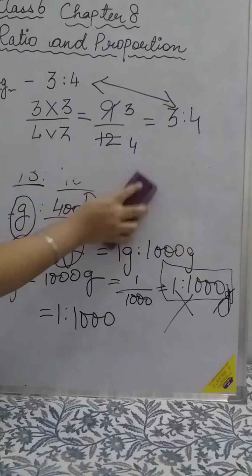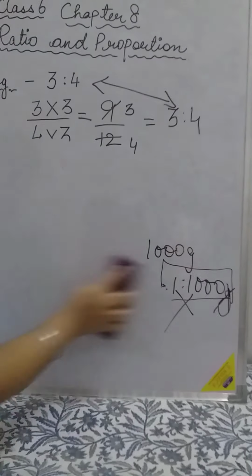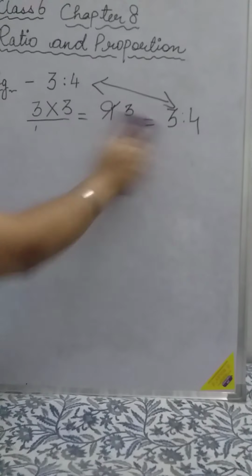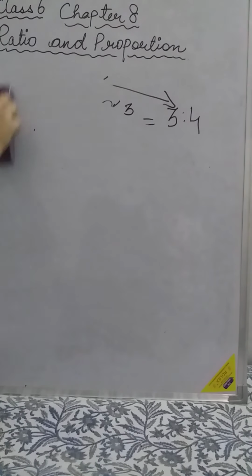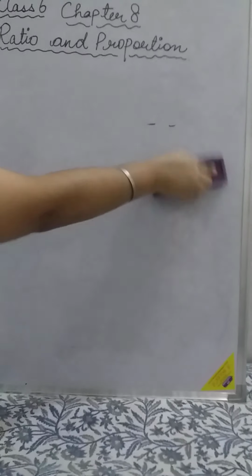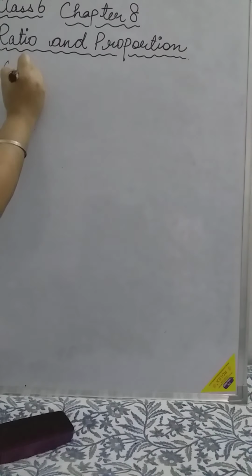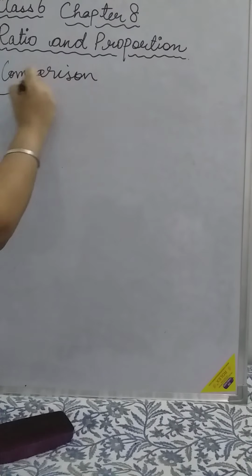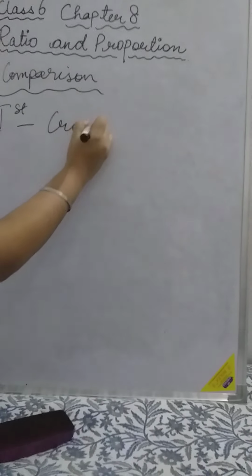Now, how to do comparison? Like we did comparison in the chapter on fractions as well. Ratio is the same as whatever steps we follow in fractions. As you know, comparison can be done in two ways. The first method is cross multiplication.